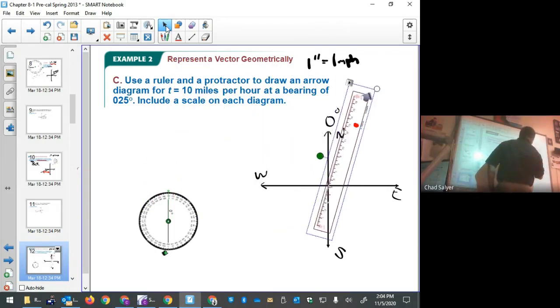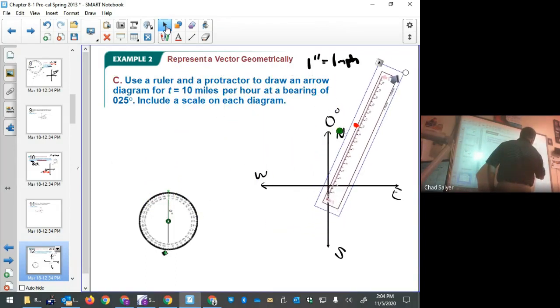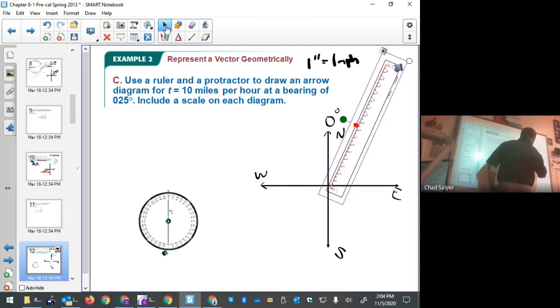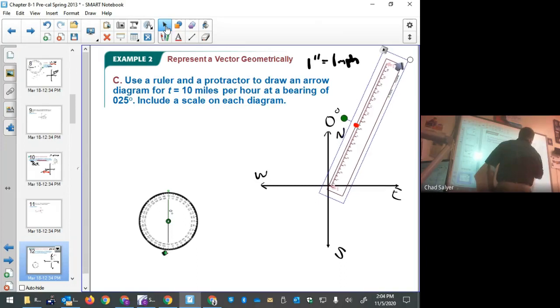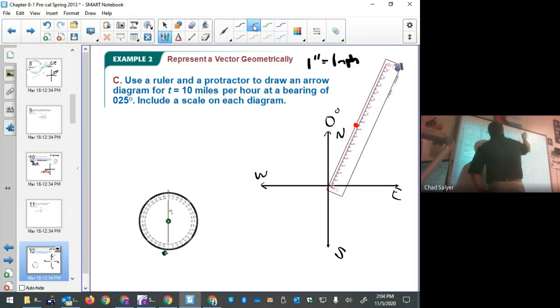It's kind of hard to do that, but that's pretty good. So now we want to go 10 inches along that ray. 1, 2, 3, 4, 5, 6, 7, 8, 9, 10, right there.